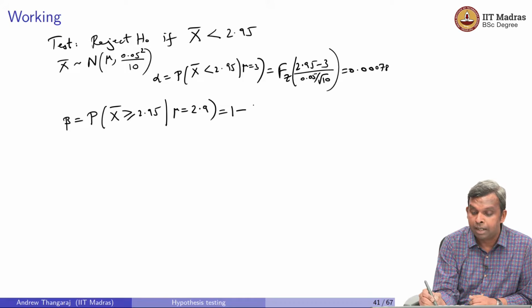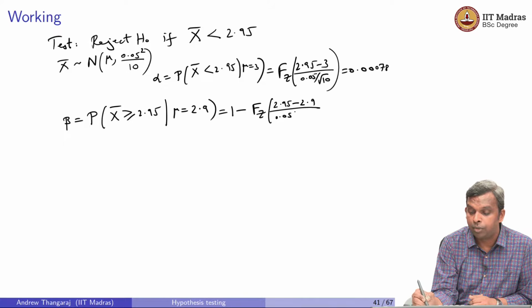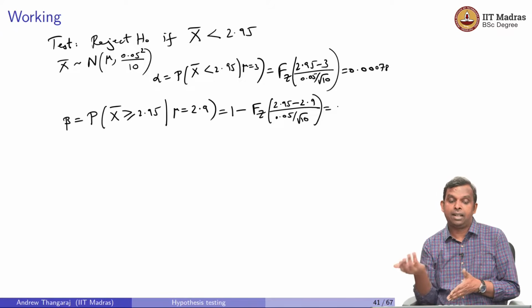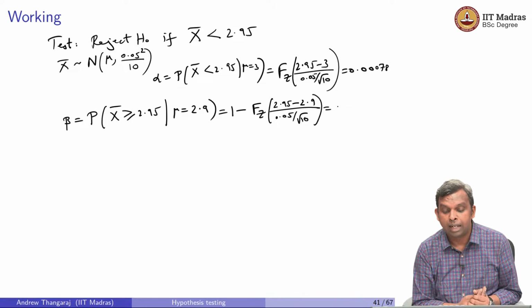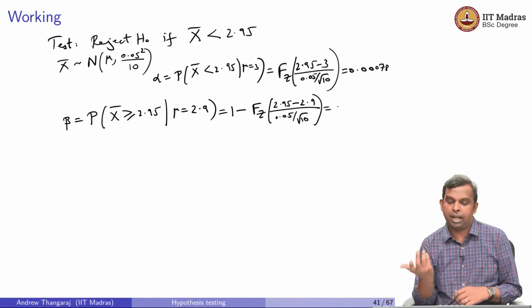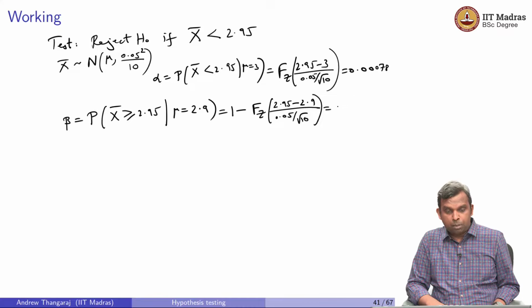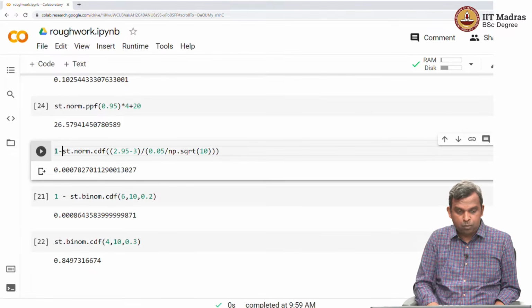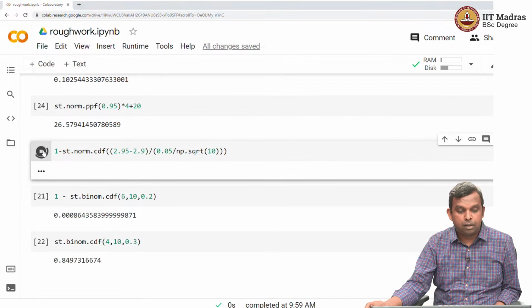So this will be 1 minus the normal CDF of (2.95 minus 2.9) by 0.05 over square root 10, isn't it? x bar is going to be normal again with mean 2.9.